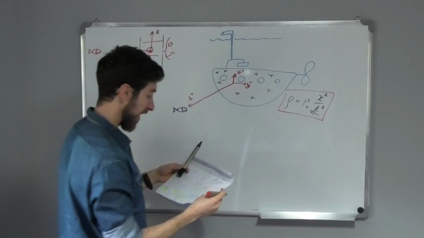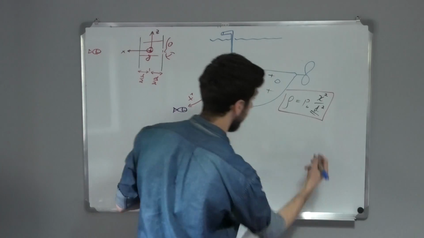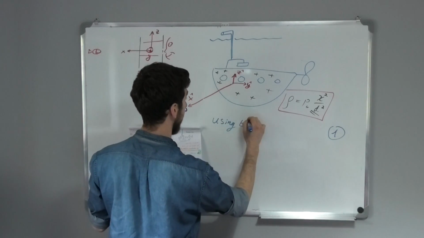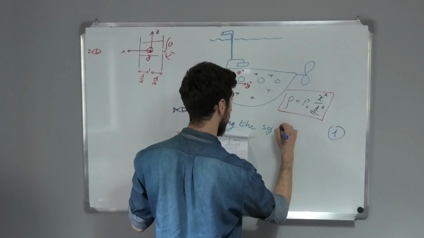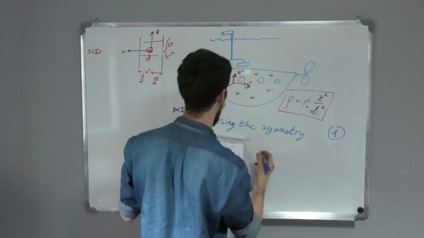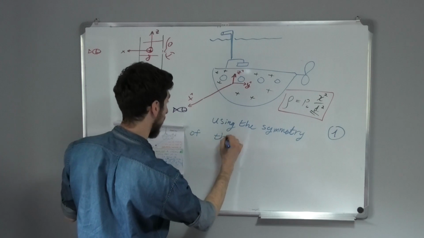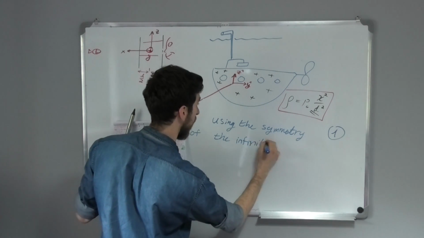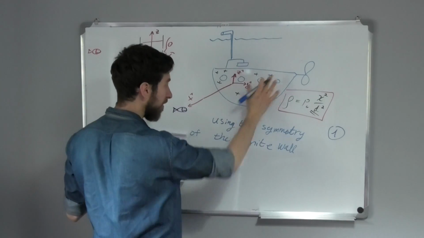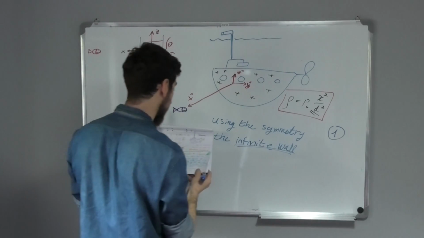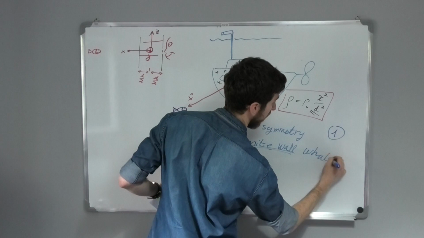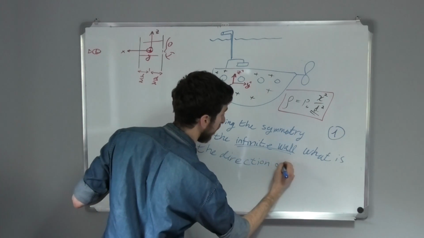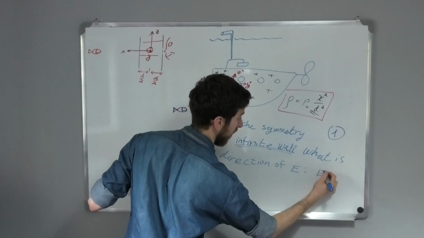And the first question I want to ask you is, using the symmetry of the infinite wall, this is the wall, and I say it's infinite, I'm going to explain it soon, what is the direction of E, which means what is E hat?